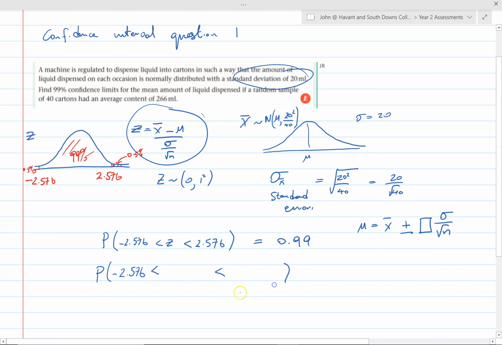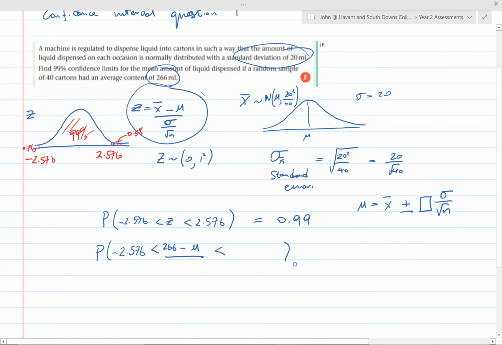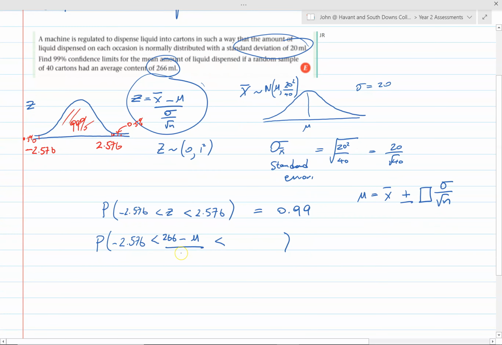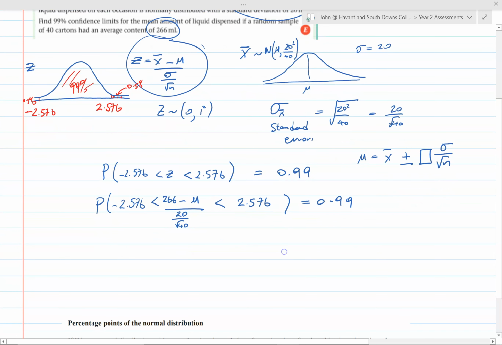So let's put our sample mean 266, take away this unknown population mean, divided by the standard error, which is 20 over the square root of 40, lying between minus and plus 2.576, equals 0.99.